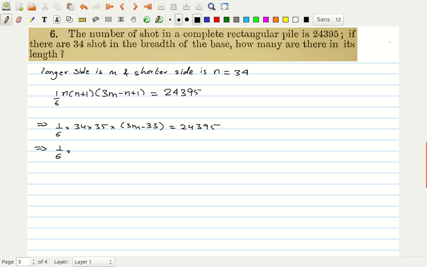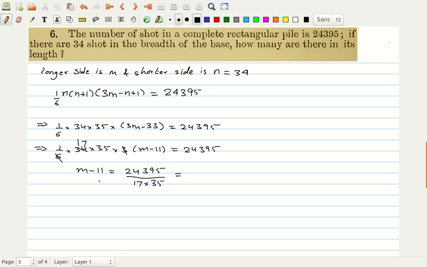Therefore this becomes 1 by 6 into 34 into 35 into 3 times (m minus 11) is equal to 24395, and we get m minus 11 is equal to 24395 divided by 17 divided by 35.